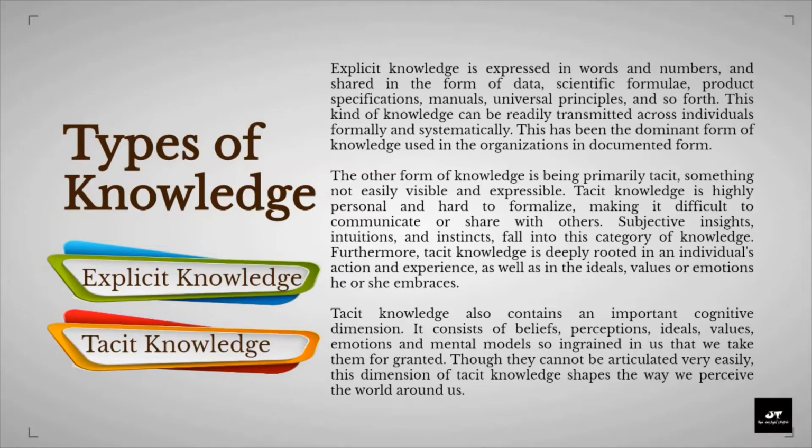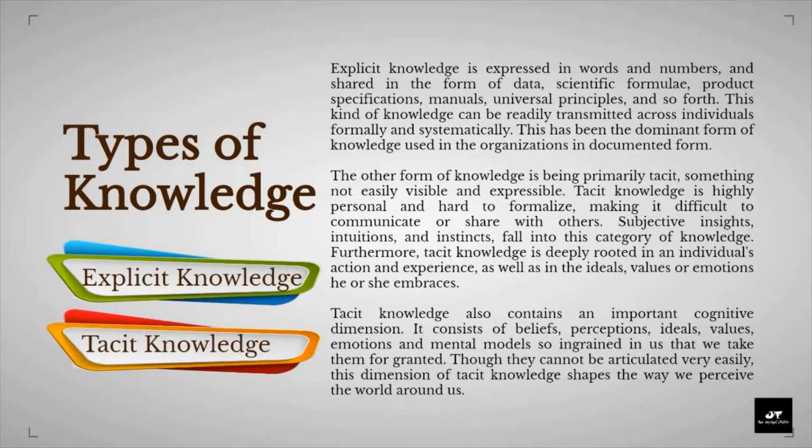The other form of knowledge is being primarily tacit, something not easily visible and expressible. Tacit knowledge is highly personal and hard to formalize, making it difficult to communicate or share with others. Subjective insights, intuitions, and instincts fall into this category of knowledge. Furthermore, tacit knowledge is deeply rooted in an individual's action and experience, as well as in the ideals, values or emotions he or she embraces.